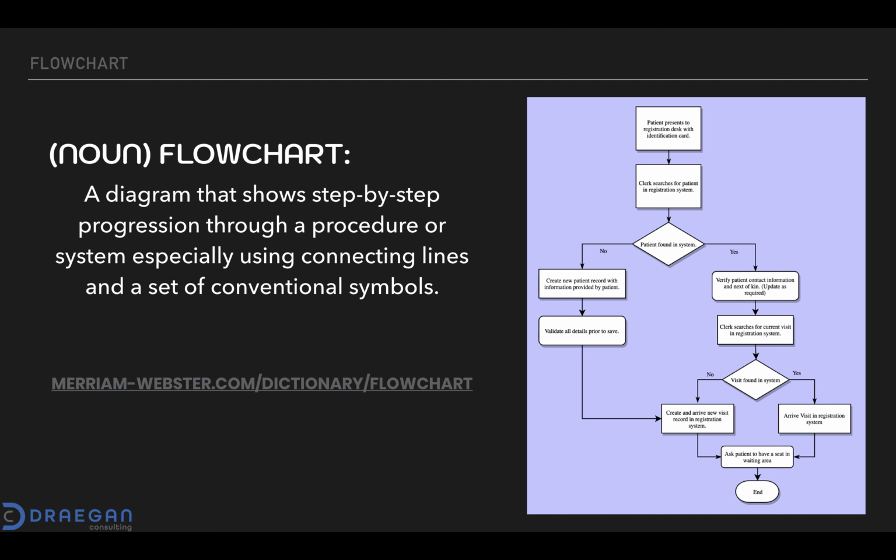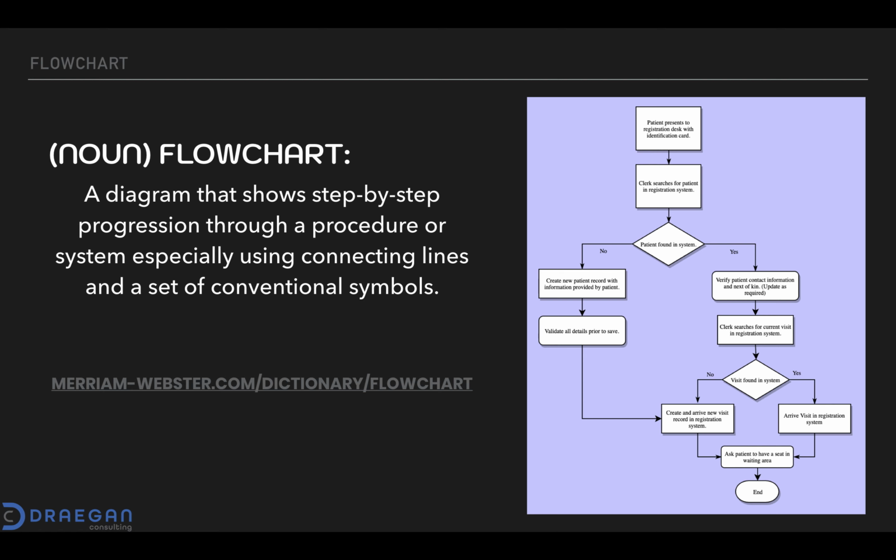I have the definition from Merriam-Webster up here, which is a diagram that shows a step-by-step progression through a procedure or system using connection lines and a set of symbols. The example that I've illustrated here is a patient checking in for an appointment.